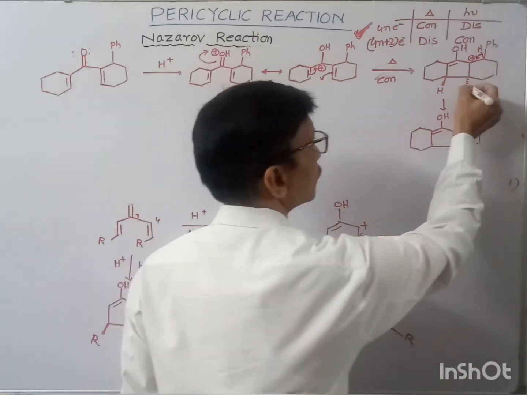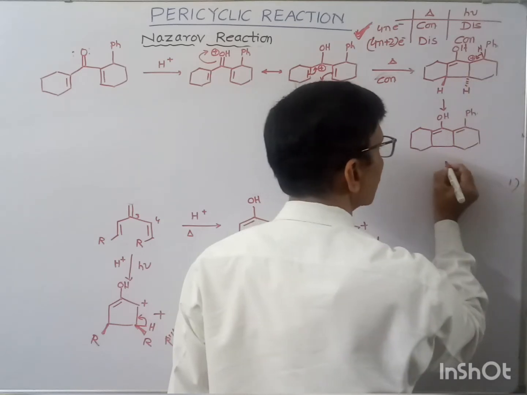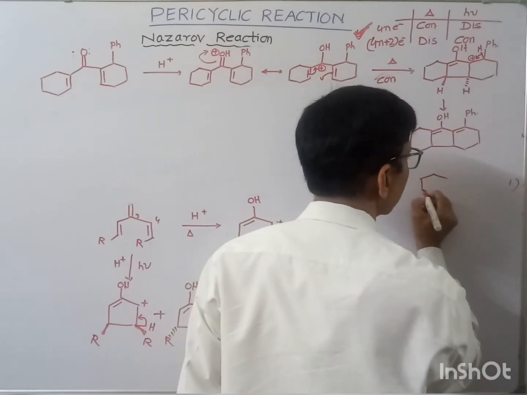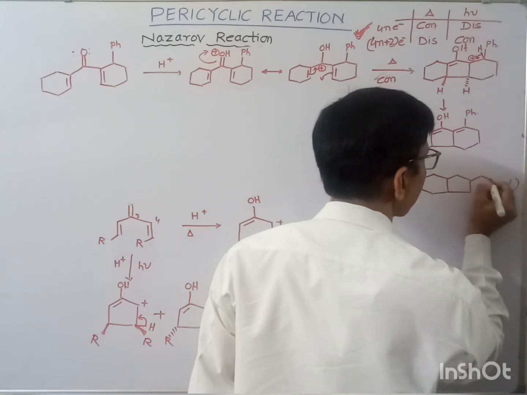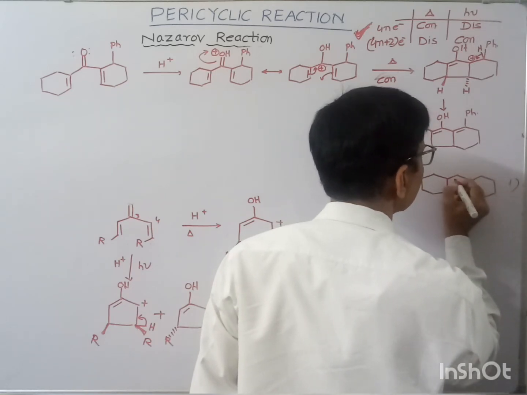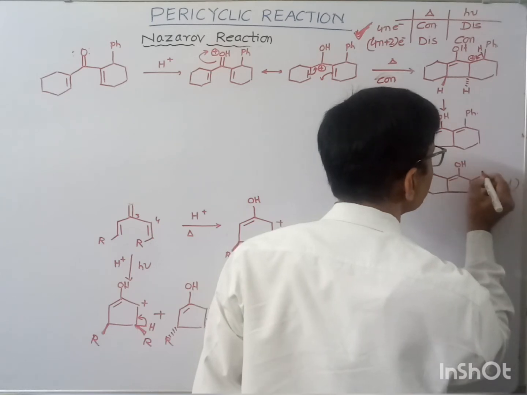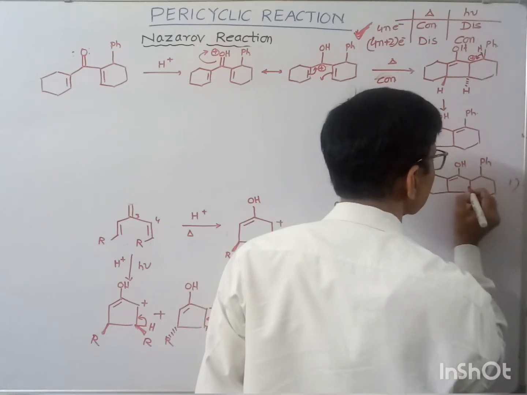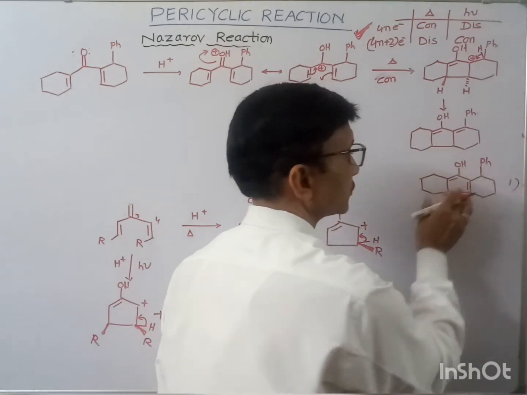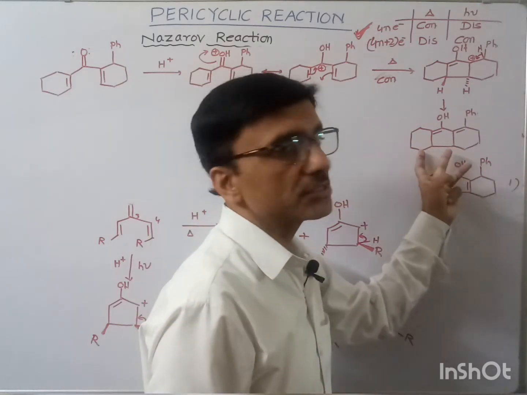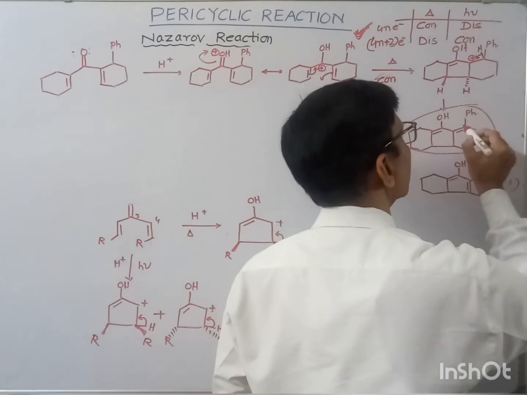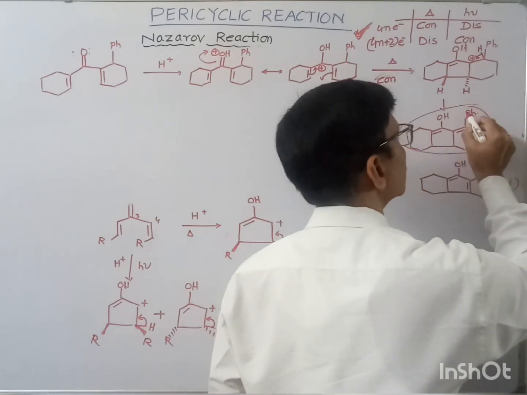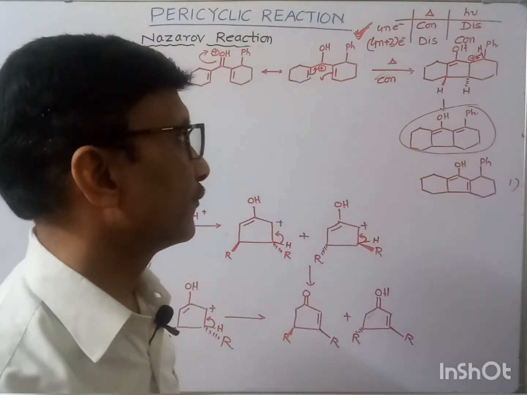Or otherwise, if I remove this other hydrogen, then the product formed would be this. This would be the next product. But this is the major product, the more stable one, because this double bond is in conjugation with this phenyl ring.